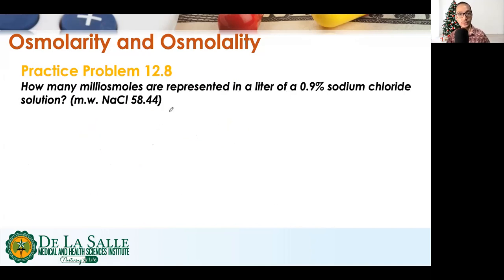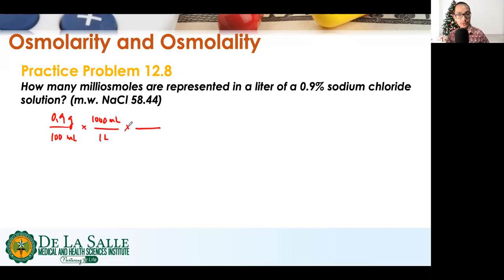And how about this one? How many milliosmoles are represented in a liter of 0.9% sodium chloride? So 0.9% is 0.9 gram per 100 ml times 1 liter ulit, so 1,000 ml per liter.